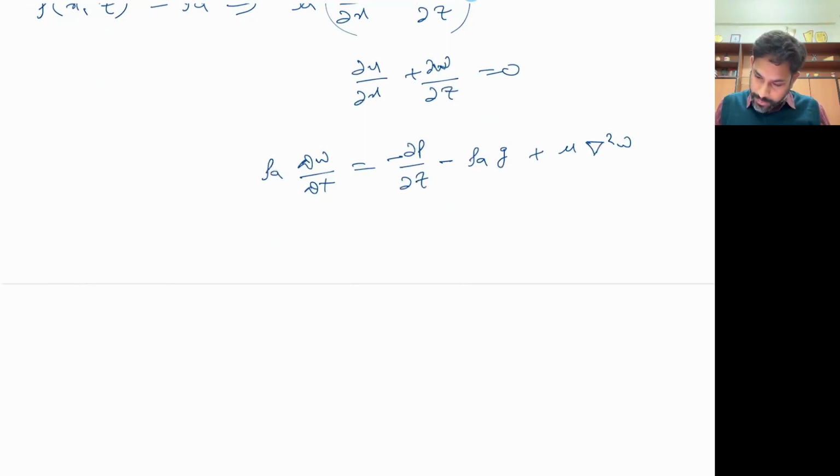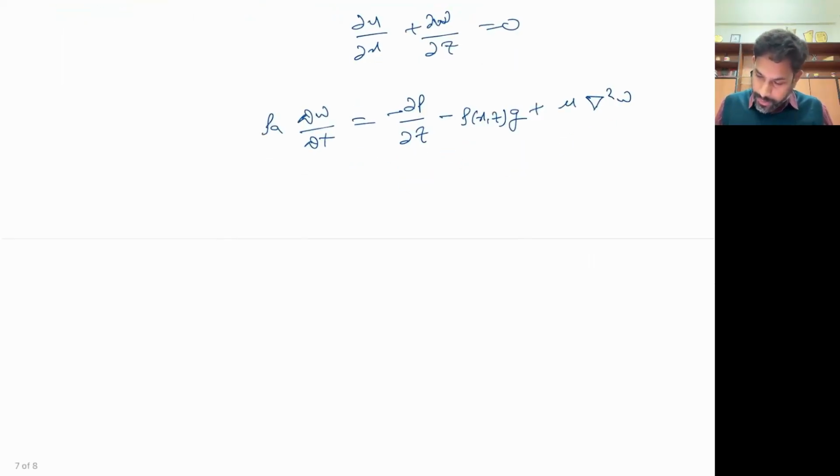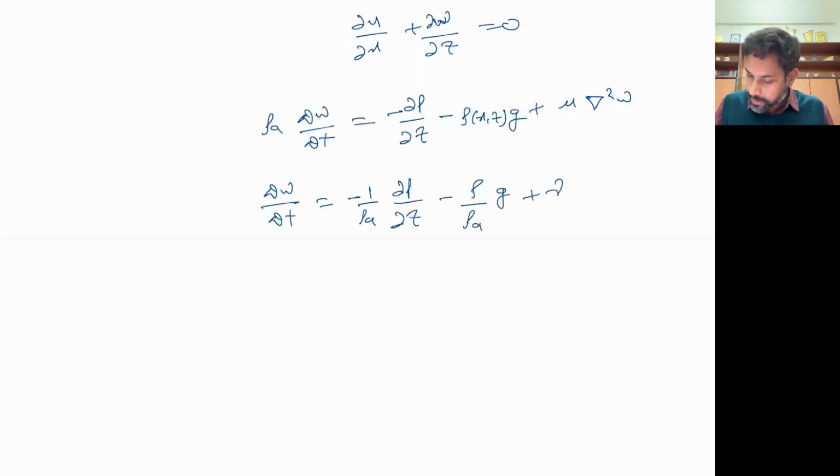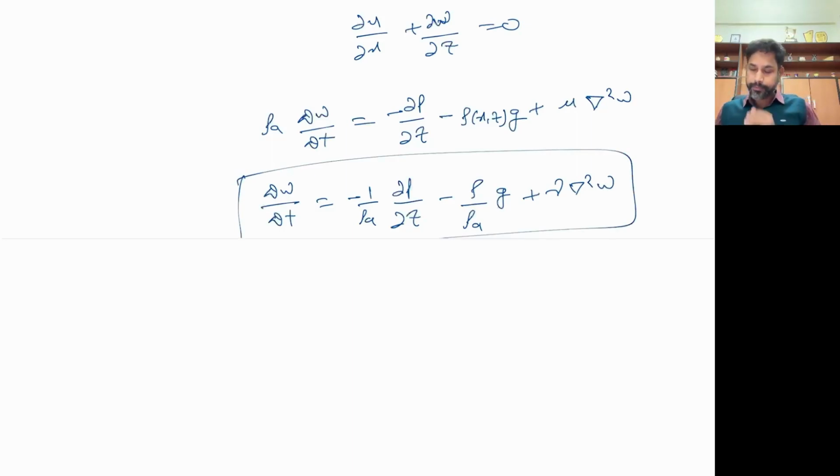Wait, except this part here we cannot change, because here it has to be considered as rho as a function of x and z, multiplied with g. Okay, and now when we simplify it further, the equation becomes dw by dt is equal to minus 1 by rho a dp by dz minus rho by rho a g plus nu del square w. Okay, so here what do you see?